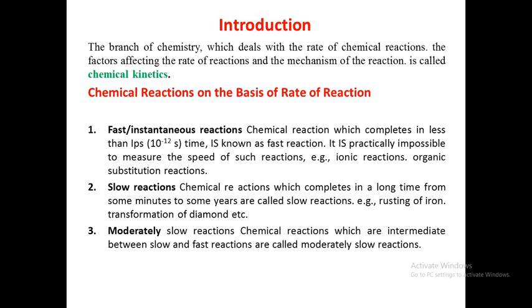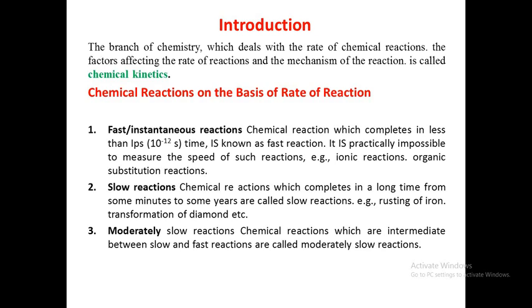They are generally ionic reactions or organic substitution reactions, and then there are some chemical reactions which are very slow, and to complete those chemical reactions several years are required, or from some minutes to several years are required.